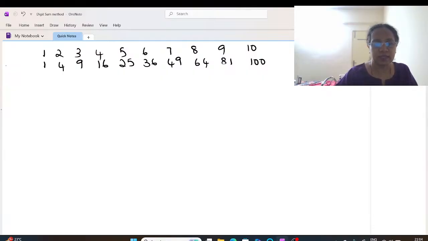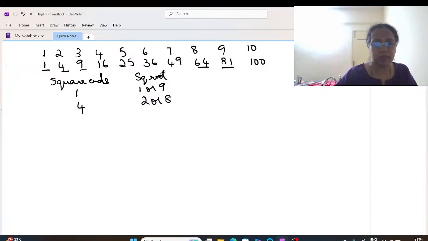So from this we can see that if the square of a number ends with 1, the square root ends with 1 or 9. If the square of the number ends with 4, square root ends with 2 or 8.